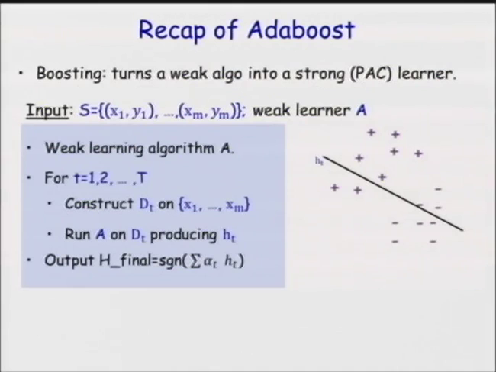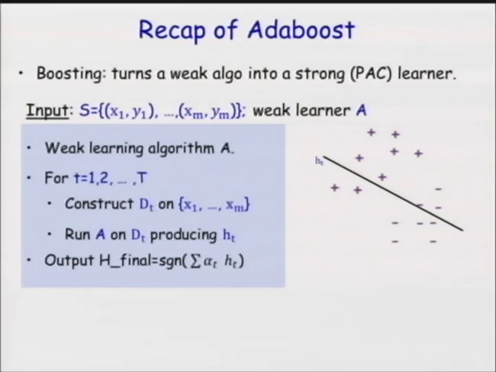And one popular algorithm is the Adaboost algorithm. This algorithm takes as input a training set of labeled examples and a weak learning algorithm, and then it outputs a hypothesis that achieves arbitrarily small error rates.